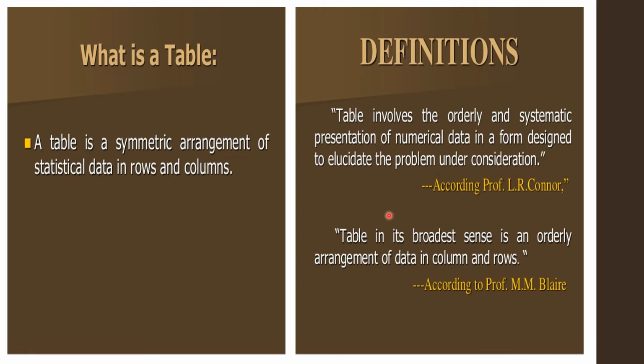The next definition is: a table in its broadest sense is an orderly arrangement of data in columns and rows, according to Professor M.M. Blair. So these are some of the definitions given by the economists, and this is just a simple answer to the question of what is a table.